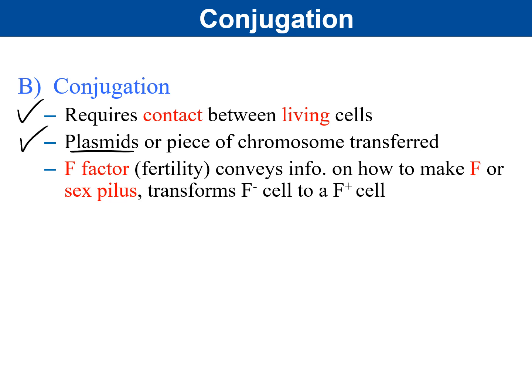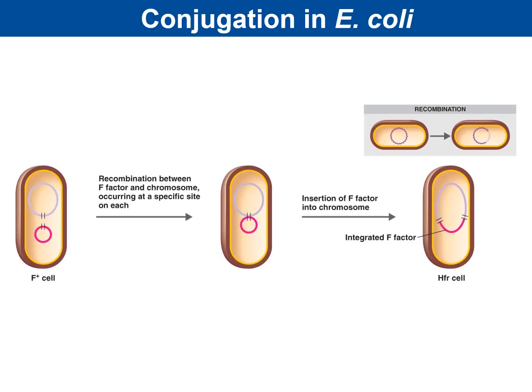The F factor is responsible for sex pilus production, and it may or may not be transferred during conjugation. So if the F factor gets copied over completely, then the F minus recipient can become F positive. If it does not get copied over completely or at all, then the F minus cell can remain F minus, but maybe still receive some other important genetic information. So there isn't a rule that says that the F factor must be copied over in all instances.